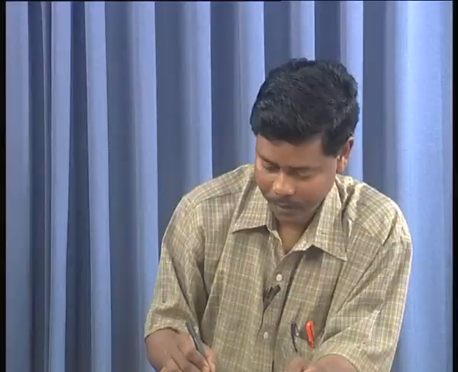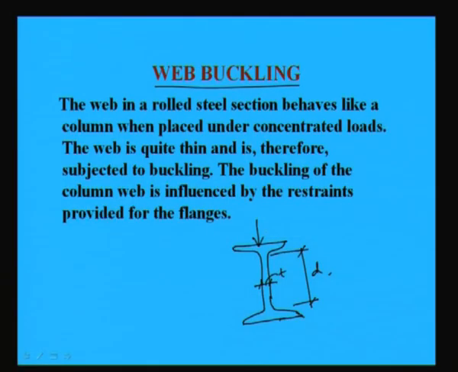Because the type of section we use in steel structures, in case of beams, is generally an I section, channel section or T section, where the thickness of the web is much less than the depth of the web. Suppose this is an I section; this is the depth of the web and this is the thickness.